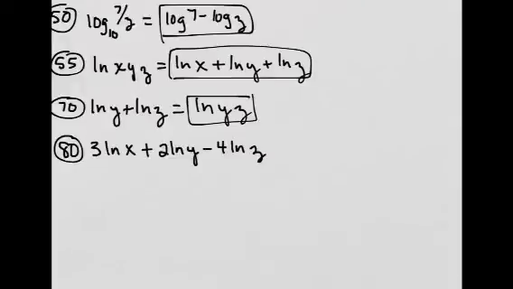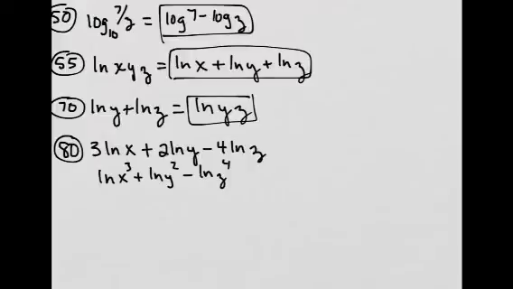Alright, so here I have a combination of sum and difference of logs. So I know that, oh, and then I have coefficients. So I know that this 3, this 2, and this 4 are actually going to become exponents of each of their individual logs. So that's the first thing I'm going to do. So let me go ahead and write that down. So this becomes natural log of x to the third plus natural log of y squared minus natural log of z to the fourth.